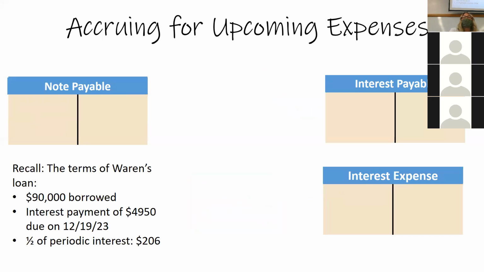The next item we're going to talk about is accruing for upcoming expenses. This is an example of a transaction that you'll have as part of the closeout process for your system understanding aid. Transaction number 5 in the system understanding aid was the borrowing of money from our bank.